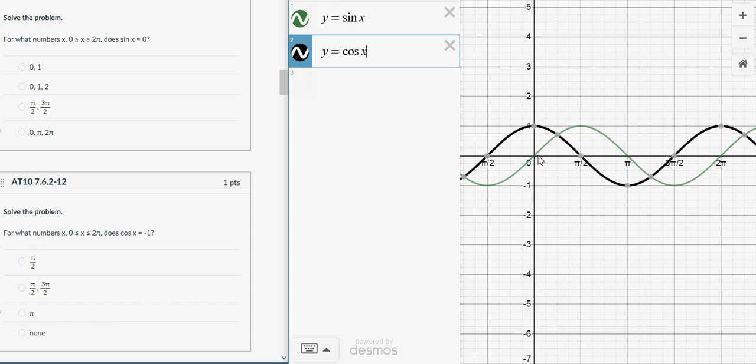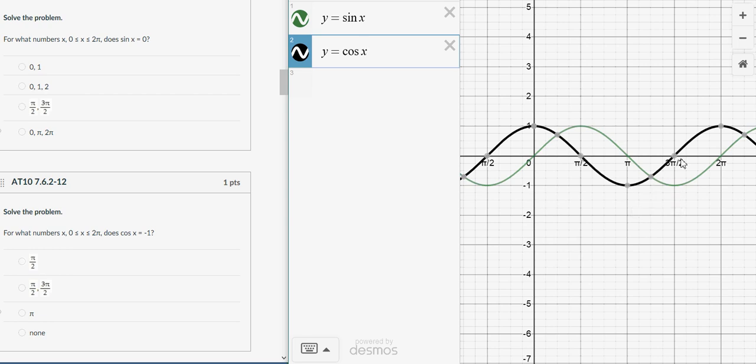Now, cosine x is different. It starts at 1. You see this point? Cosine 0 is actually 1. It's not 0. Then cosine pi over 2 is 0. Cosine pi is -1.